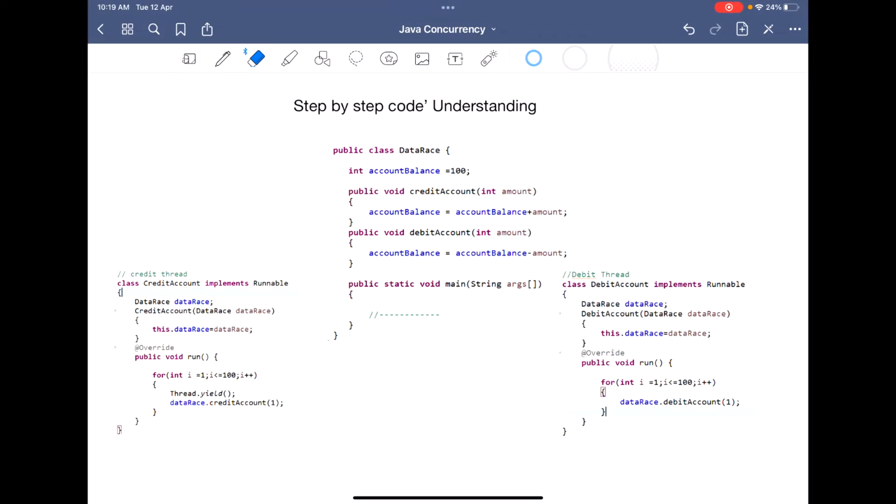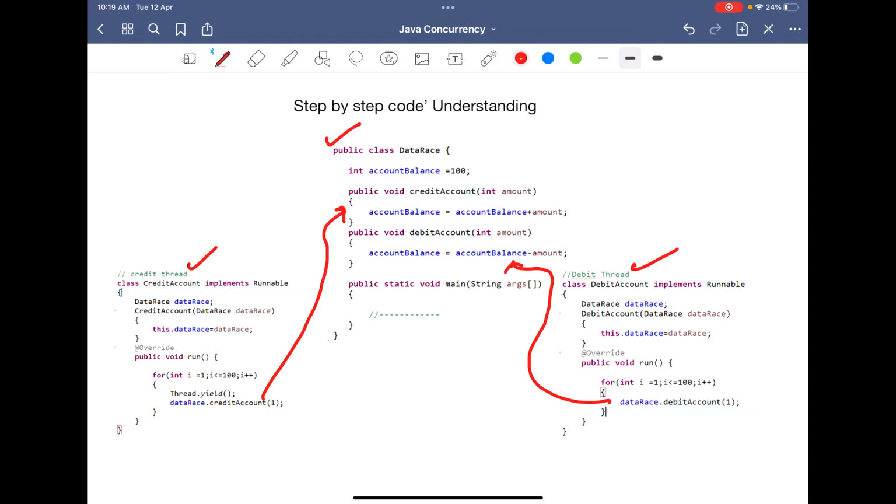So now we will understand how the code will actually be executed. As we saw in the previous slide, there is one data race class and two threads, credit account thread and debit account thread. The credit account thread calls the credit account method and the debit account thread calls the debit account method, and both of these threads use the account balance variable.